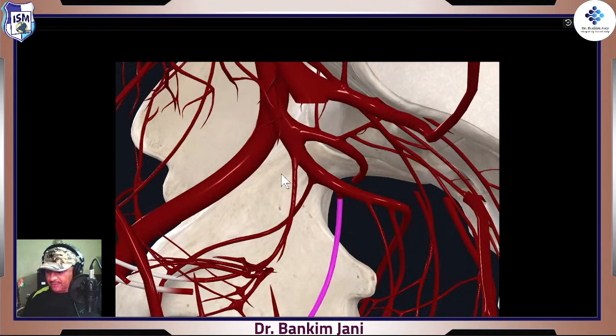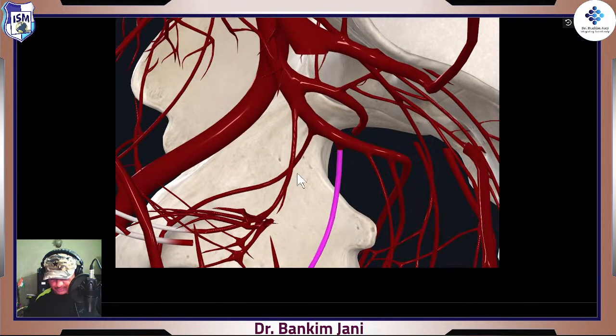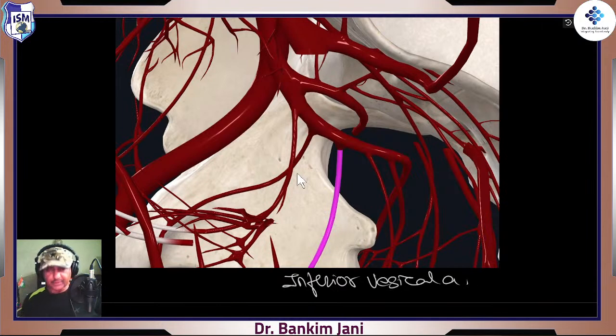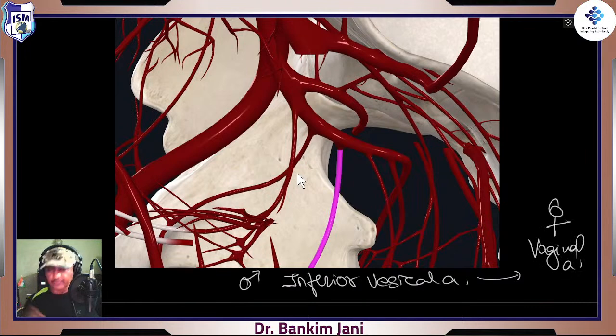Now start the viscerals, right? Now they are pretty easy. See the first one. The direction itself, it is the inferior vesical artery, right? So that one. And yes, this is in case of males, because in case of females, it would be the vaginal artery. In case of females.